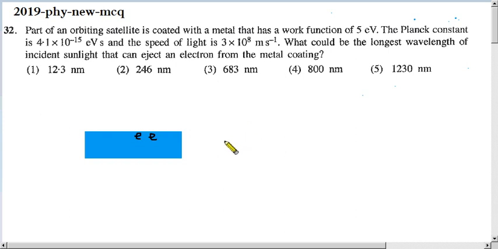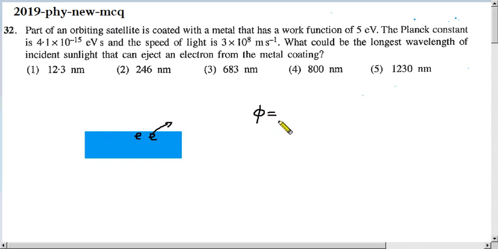The work function is the minimum amount of energy required to remove an electron from the surface of this metal. To remove this electron, you must supply some amount of energy. The minimum value of that energy is called work function. We denote it by phi.